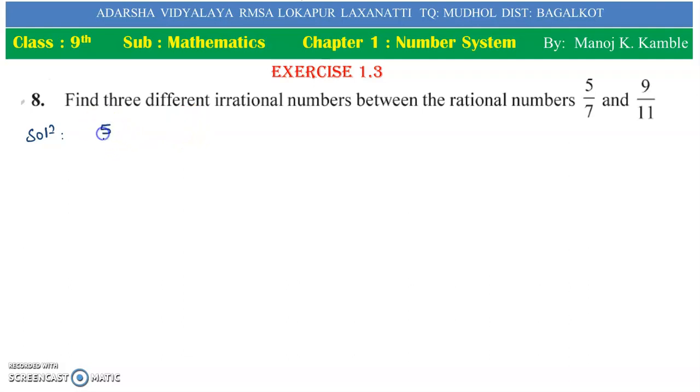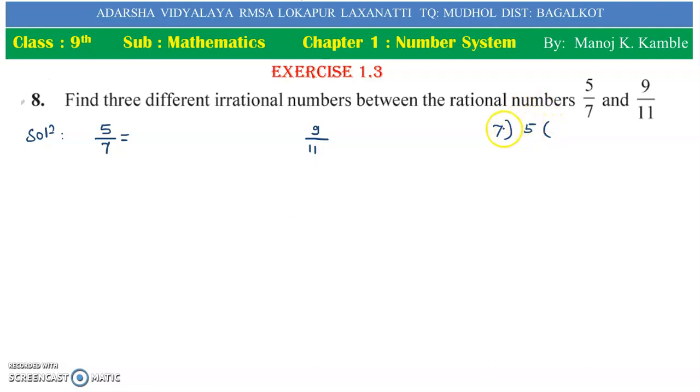First we have to take the decimal expansion of both, 9 divided by 11 and 5 divided by 7. In rough work, we already know how to solve this by the division method.